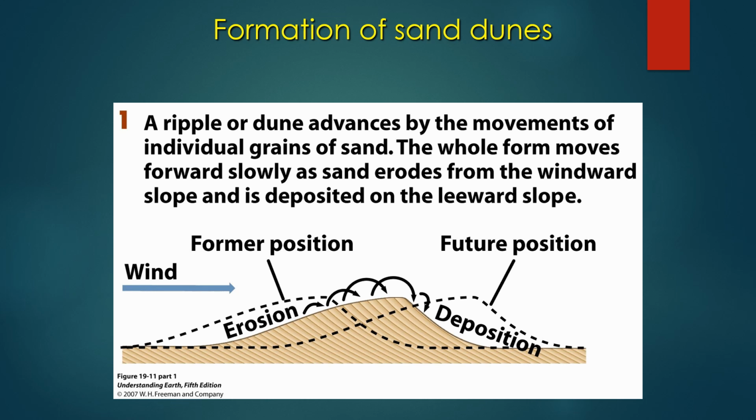So when the wind velocity is fast, sand grains are eroded and transported over the crest of the topography, where on the lee side of the topography, wind velocity decreases and the sediment will be deposited. This is how a sand dune is formed and how a sand dune migrates.